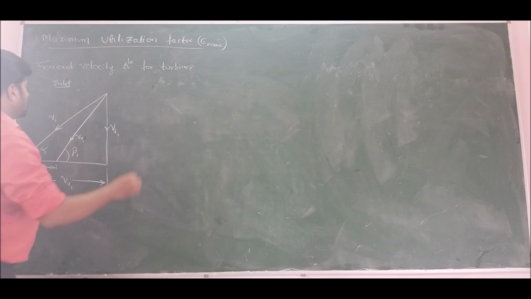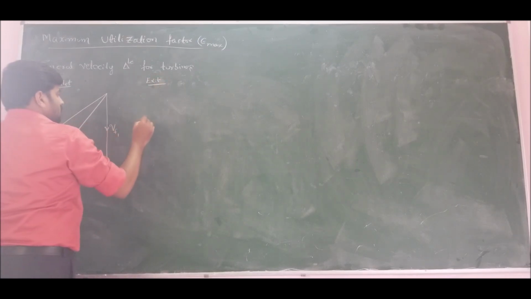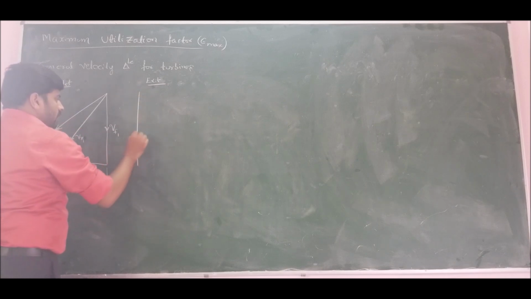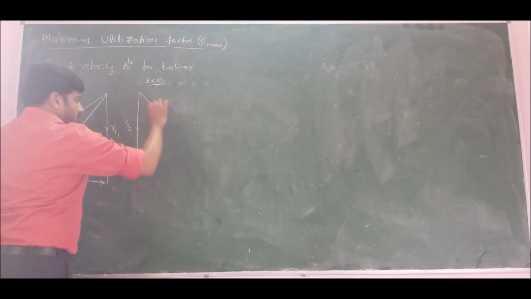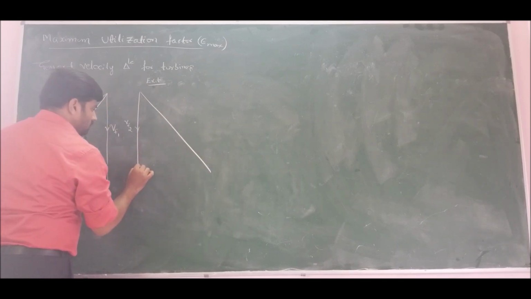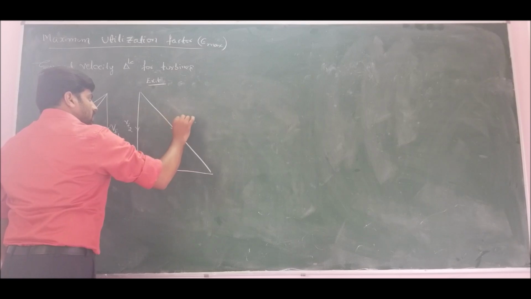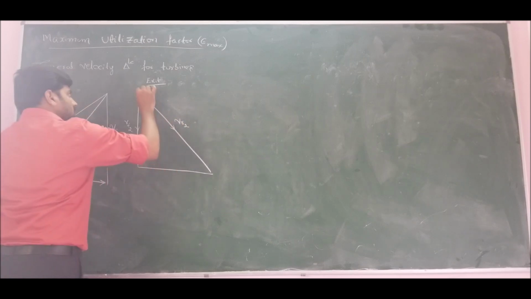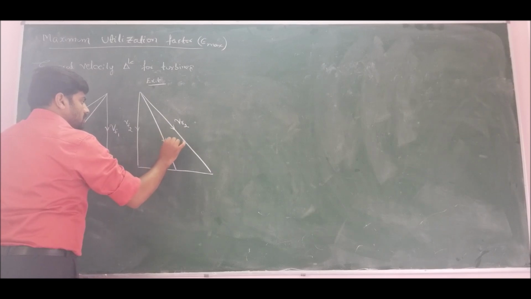Similarly, if I draw the velocity triangle at exit, we have Vf2 at exit, and we have Vr2 greater than V2 at discharge, that is, the relative velocity is higher than the absolute velocity at discharge.